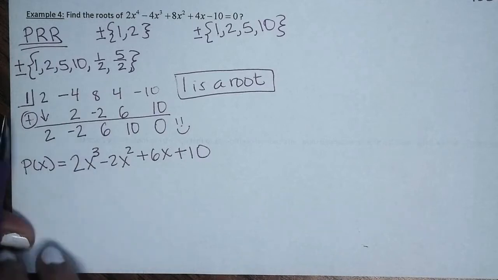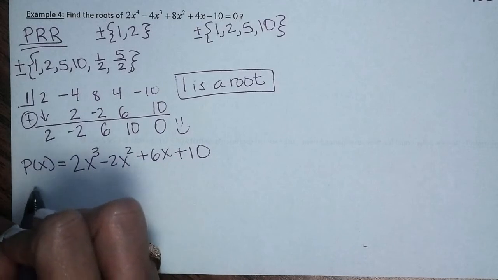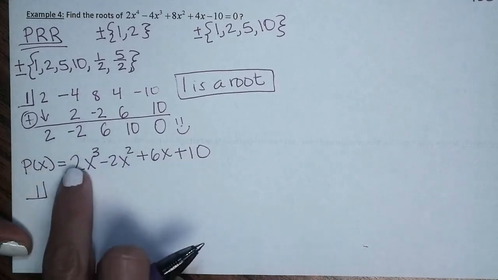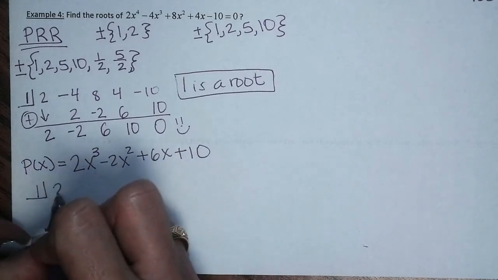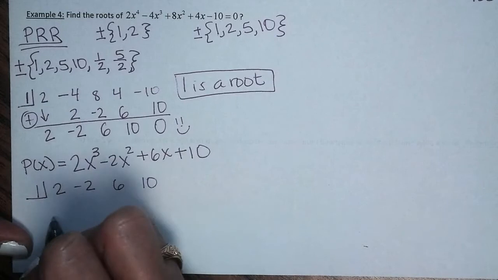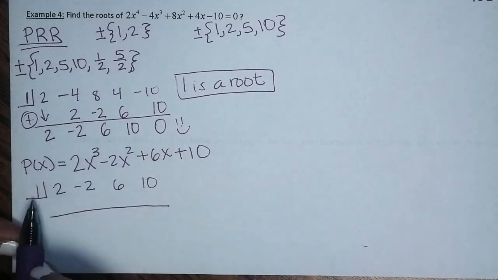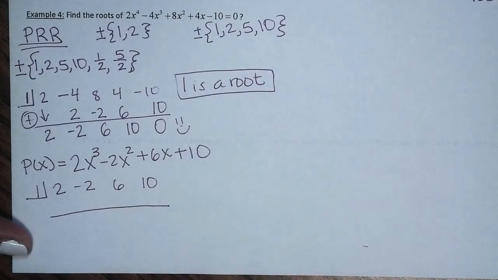So technically we're supposed to divide by 1 again to see if 1 is a double root. So let's take the new cubic and divide it by 1 again. So 2, -2, 6, 10. You want to divide by 1 again because sometimes your root is what's called a double root. So the factor would have been like x minus 1 squared.